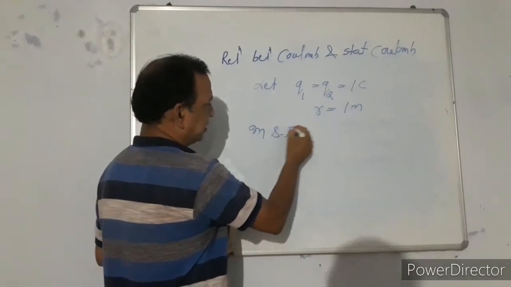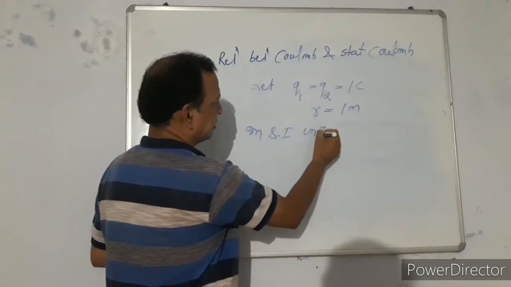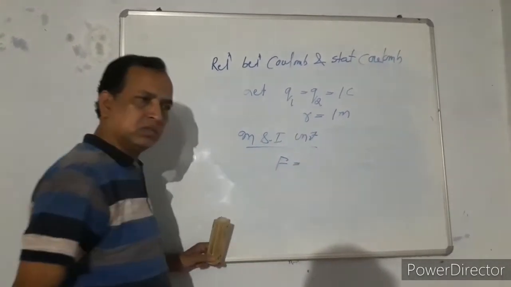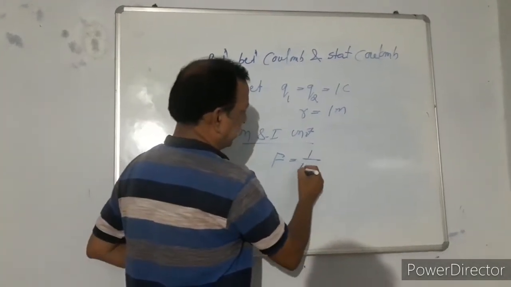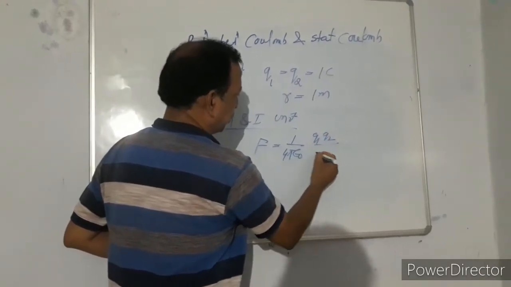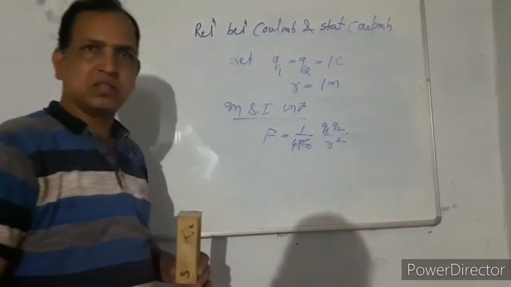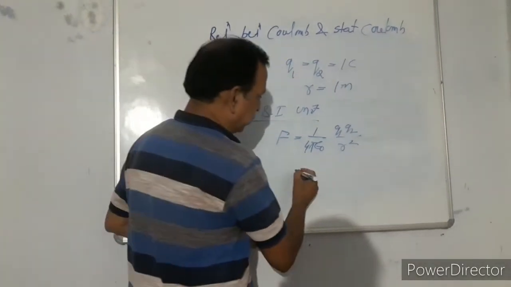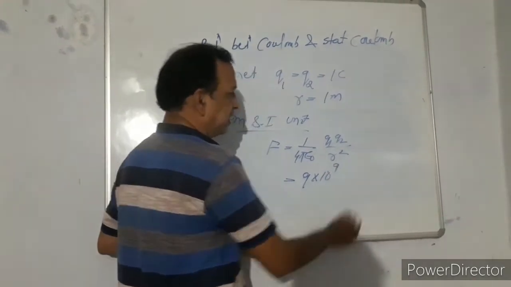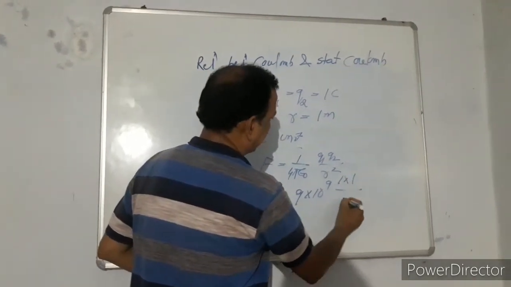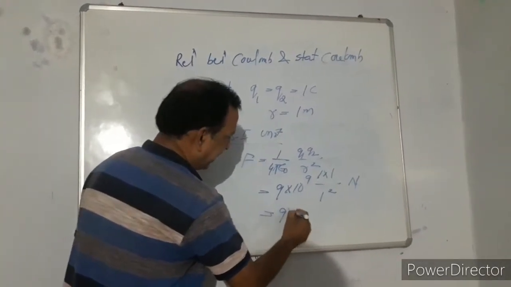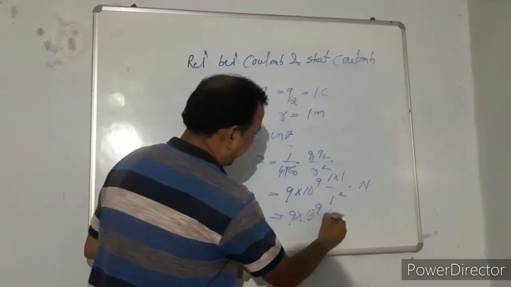In SI units, F is equal to 1 by 4 pi epsilon 0 Q1 Q2 by R square. That is equal to 9 into 10 to the power 9 into 1 into 1 by 1 square Newton, which is 9 into 10 to the power 9 Newton.